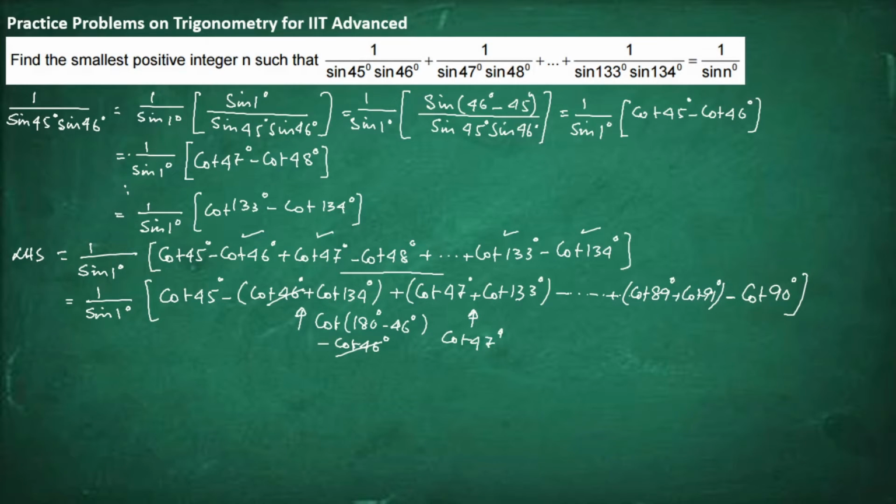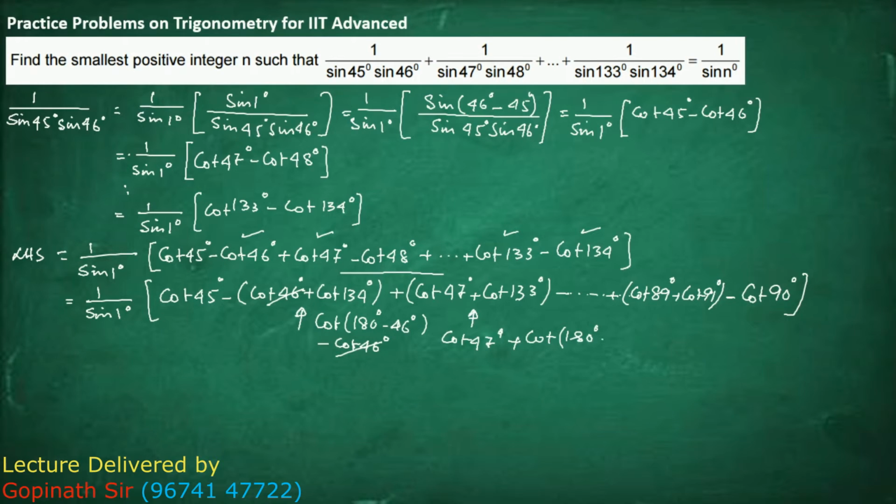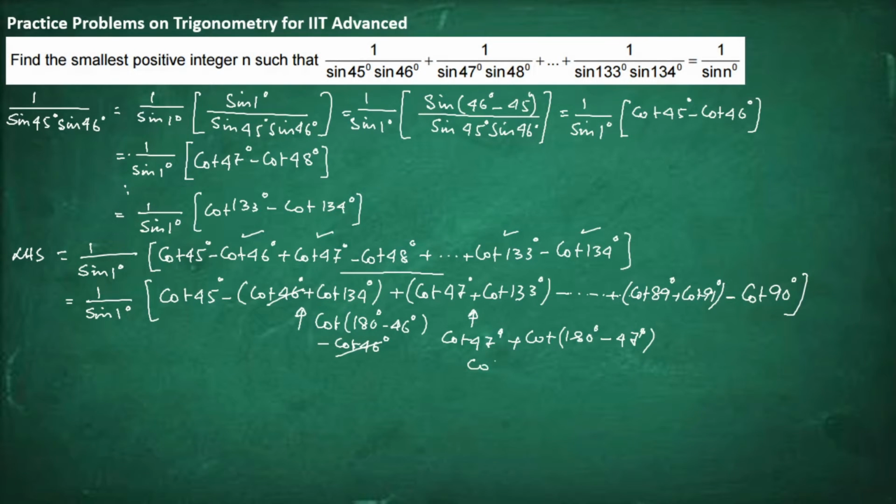Cot 133 degree can be written as what? Cot 180 minus 47 degrees, right? Yes or no? So that one will give you cot 47 minus cot 47 degrees. So again, this will go off. So every term, every bracket will vanish.